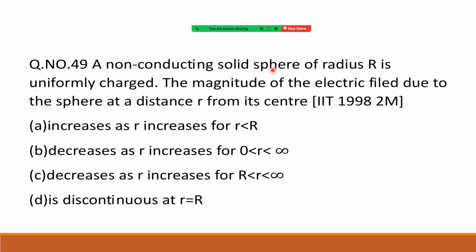A non-conducting solid sphere of radius R is uniformly charged. The magnitude of the electric field due to the sphere at a distance r from its center. So just now we have discussed, right? It increases as r increases for r less than capital R, means inside proportional to r, outside inversely proportional to r square, right?